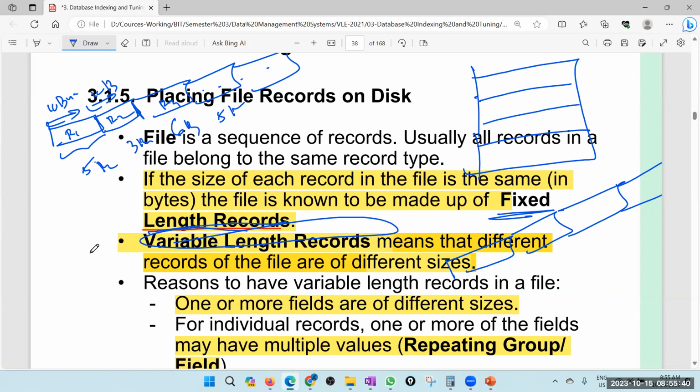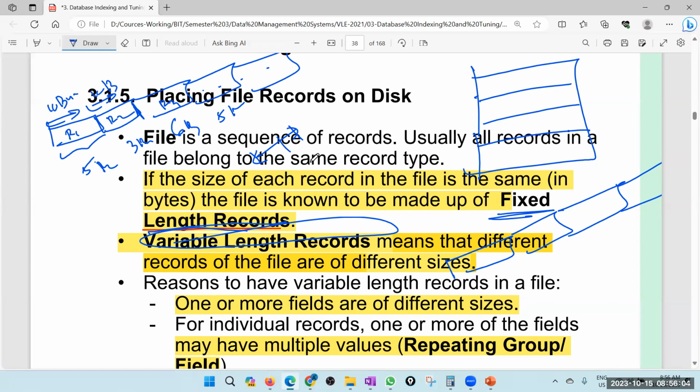So variable length record means, for example, for a particular record, the user has not added, say, a phone number. So then we shrink that part. We skip that part, so we use less storage because for that particular record there's no phone number or maybe no email.